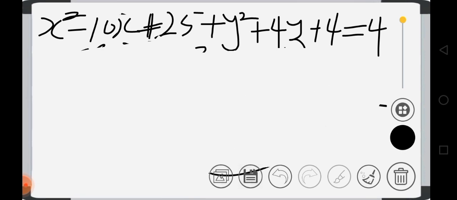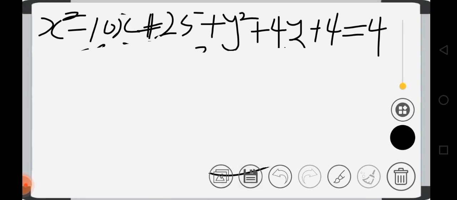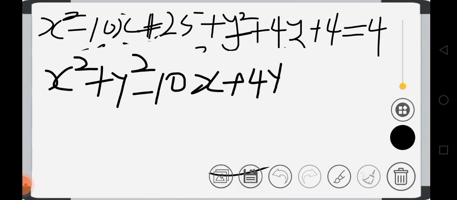So at the end of the day, we'll be having something very nice. We'll have x squared plus y squared minus 10x plus 4y.